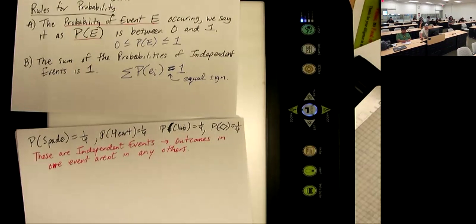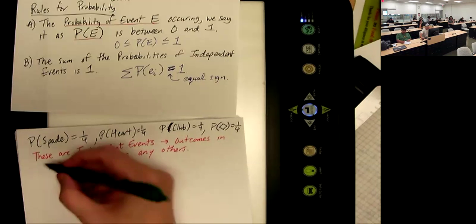So if I draw a spade, it is not a club, it is not a diamond, it is not a heart. Those represent all 4 suits.